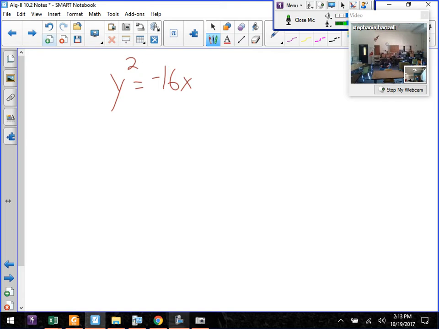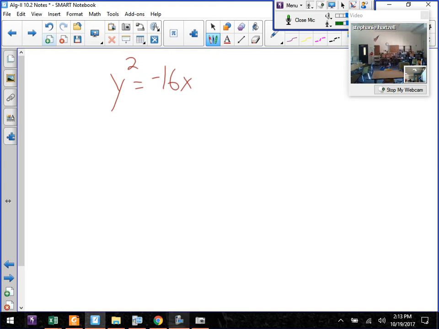Everything's located at the center right now, so your vertex is really easy for the next few days. But eventually, we're going to have to find out where things have moved. So you'll get used to me saying, hey, where's your center? Well, here it's at 0, 0. Good answer.